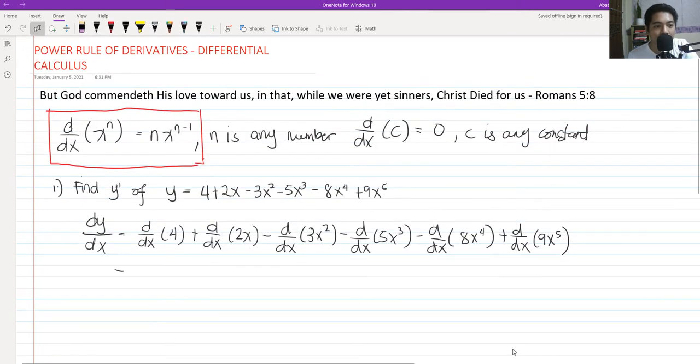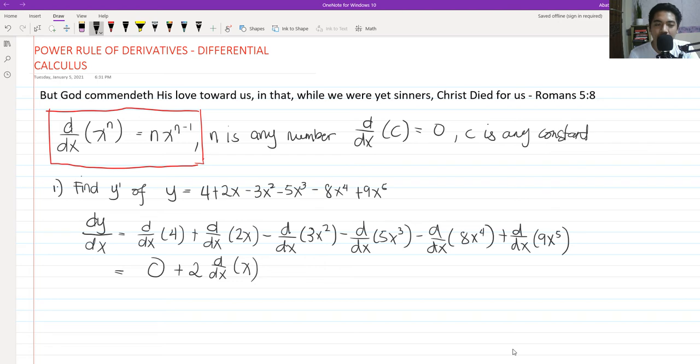And again, for the very first term here, the derivative of 4, as I have said, wherein 4 is a constant, so the derivative of a constant, according to our formula, would be 0. And then plus, of course, I can factor out 2 outside of the derivative because that's a constant.